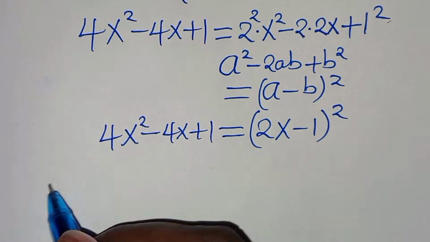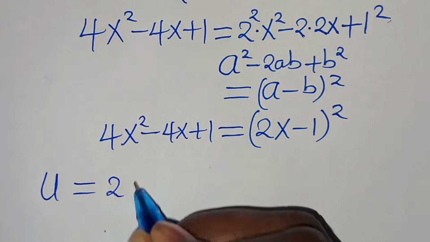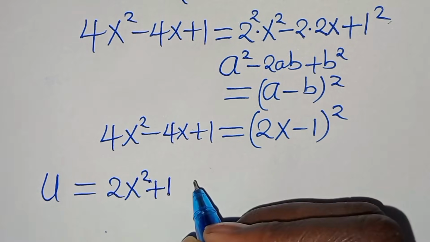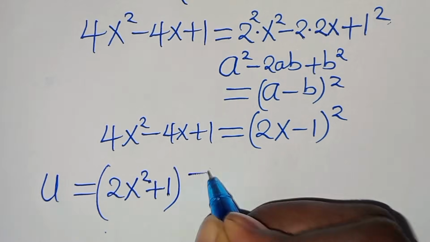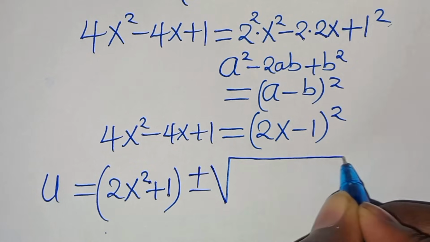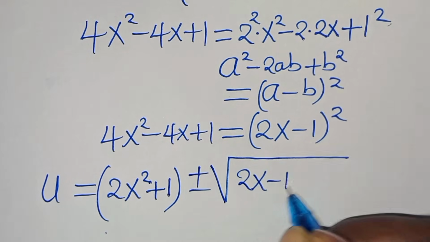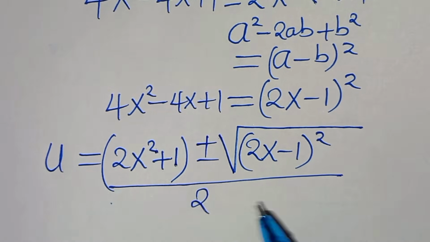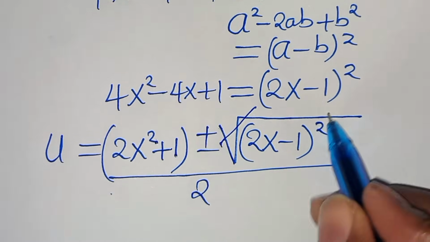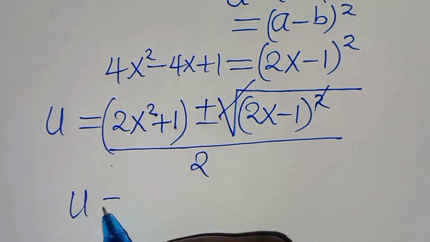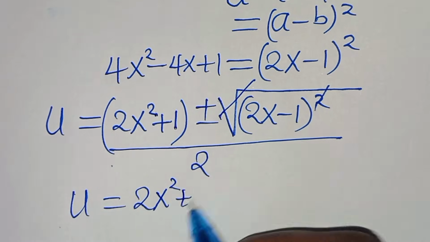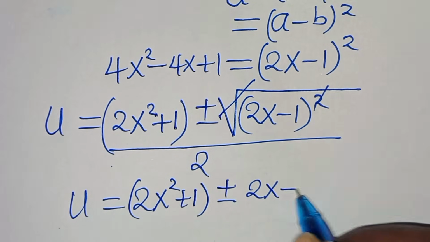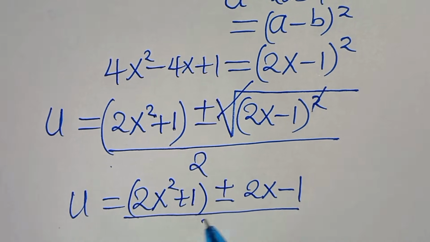Therefore, we have u is equal to 2x squared plus 1. Now, plus or minus the square root of 2x minus 1 to the power of 2, everything here, divided by 2. So we can eliminate the square root sign here, so that now we have u is equal to 2x squared plus 1 plus or minus, here we have 2x minus 1, everything here, divided by 2.